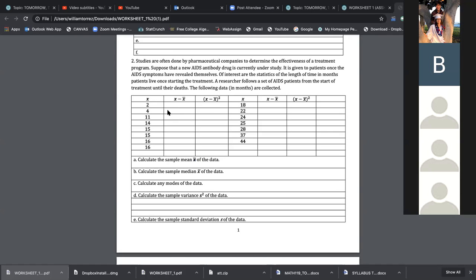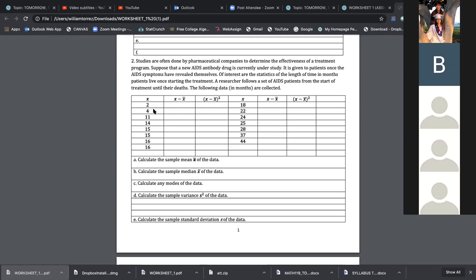And what is the median? Well, the median is the 50th percentile. The 50th percentile is the value for which there are an equal number above that value and an equal number below that value. If the sample size is odd, the median is just the midpoint when you order the data from min to max.